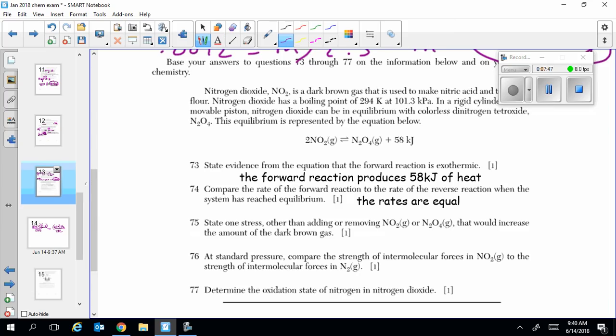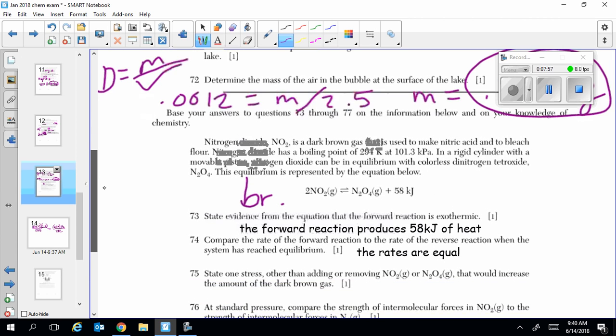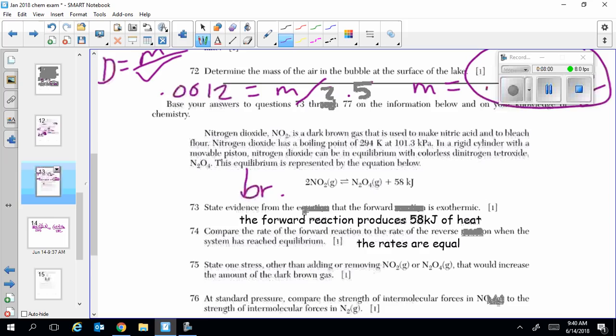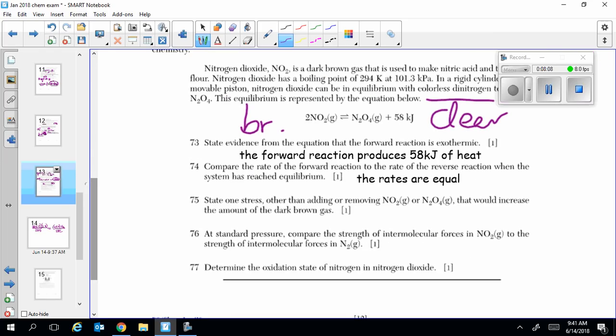Nitrogen dioxide is dark brown. So this side is brown, and it's used to make nitric acid. So this side is my colorless. So I'm going to write clear on that side. So state one stress other than adding or removing that would increase the amount of dark brown gas.